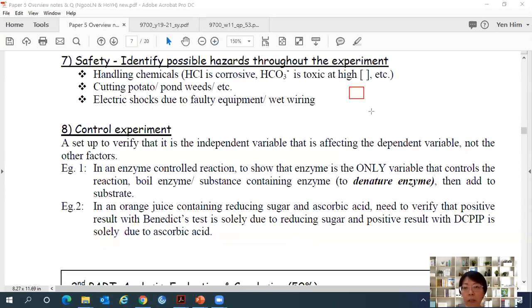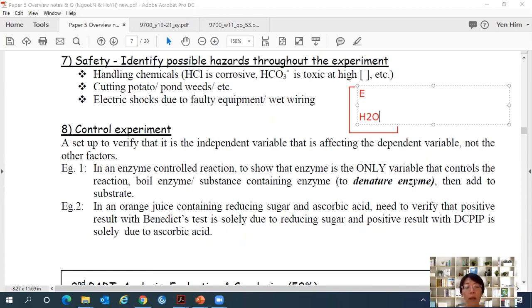Now, let's say, for example, in your solution, you're testing whether the enzyme catalyzes the reaction or not. Effect of enzyme concentration on the rate of reaction. So in this solution that you have, it's not only enzyme you have inside there, you also got water, because water is the solvent for enzyme.